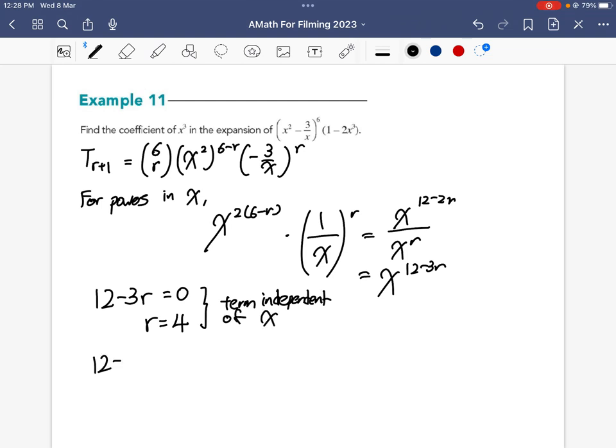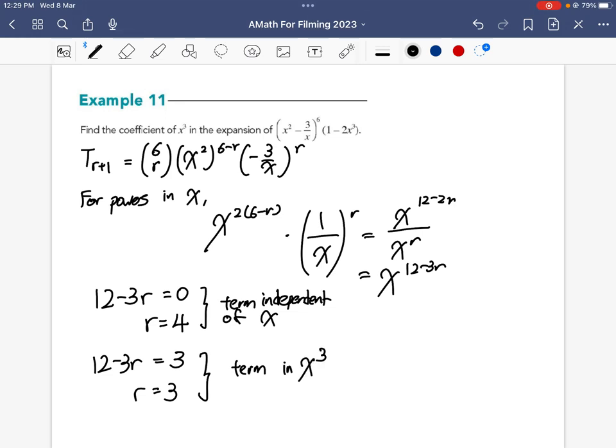Then I use 12 minus 3r is equal to 3. Why 3? Because I want a term in x cubed. What I will solve is then my r value is negative 9 divided by negative 3, so my r value equals 3. This is the term in x cubed.